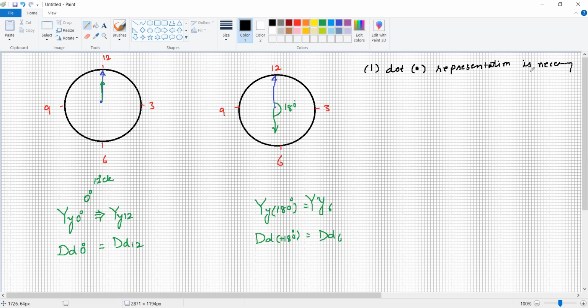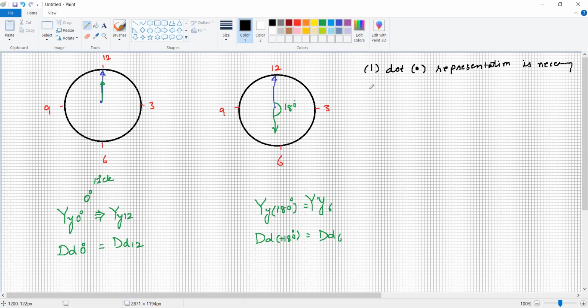First of all, we have to represent the dot on the transformer windings. So there should be labeling, or you have to test the transformer before connecting in any group or any connection. It may be star star, delta delta, star delta, whatever it may be.